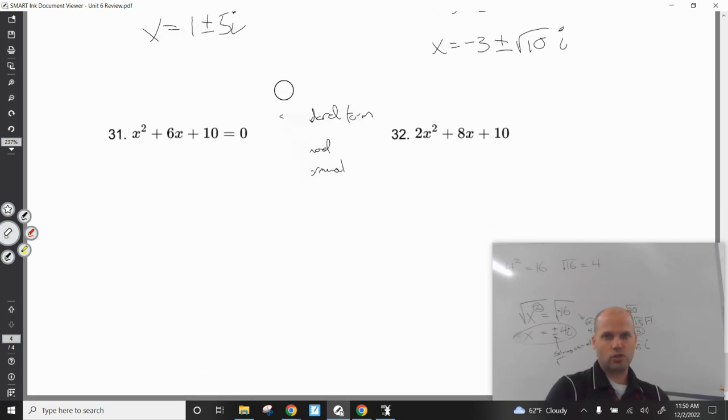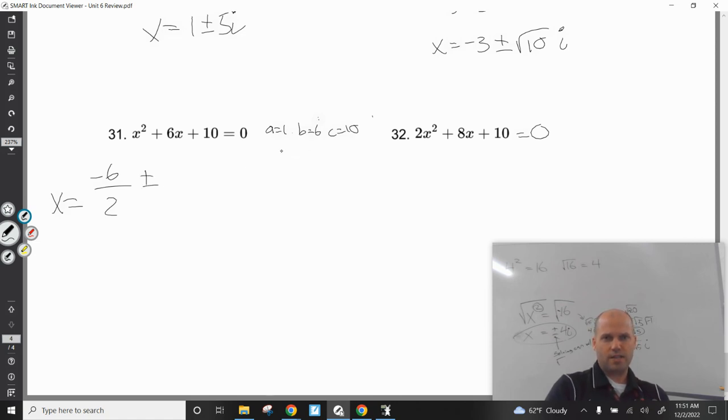All right, let's use the quadratic formula for the last ones. This should be equal to 0 on the right side. You could actually divide everything by 2 and make it easier on yourself if you wanted to. But let's pretend we're not. All right. A is 1. B is 6. C is 10. X equals the opposite of B over 2 times A, which is 2, plus or minus.